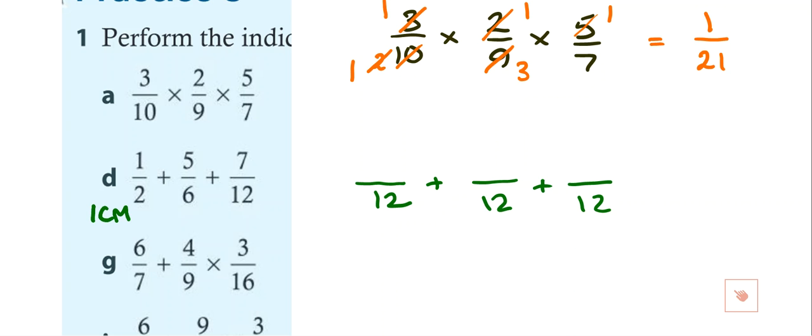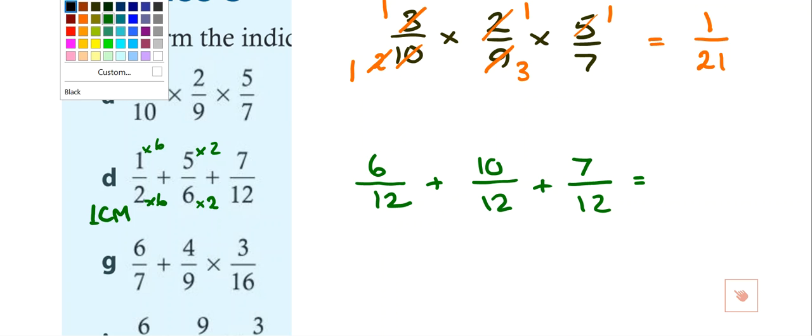So all I've got to do now is decide, what do I multiply half by to get 12? That was times 6, so we've got 6 twelfths. This gets multiplied by 2, so that's 10 twelfths, and this one's still 7 twelfths.